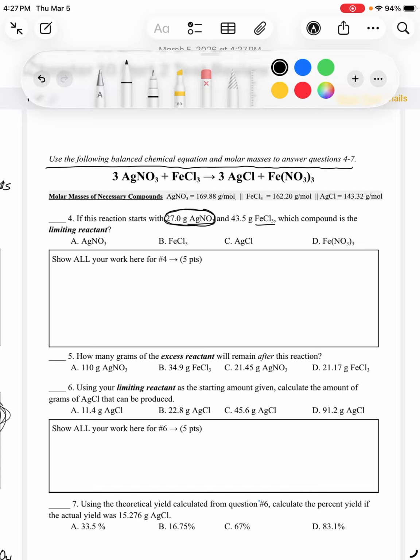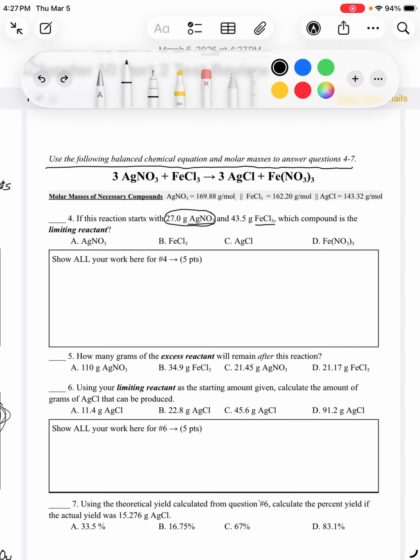Notice how many givens we start with? 2. We start with two different givens. And both of these, what do they both have in common? They are both reactants, right? We need to figure out which one's our limiting and which one is our excess.